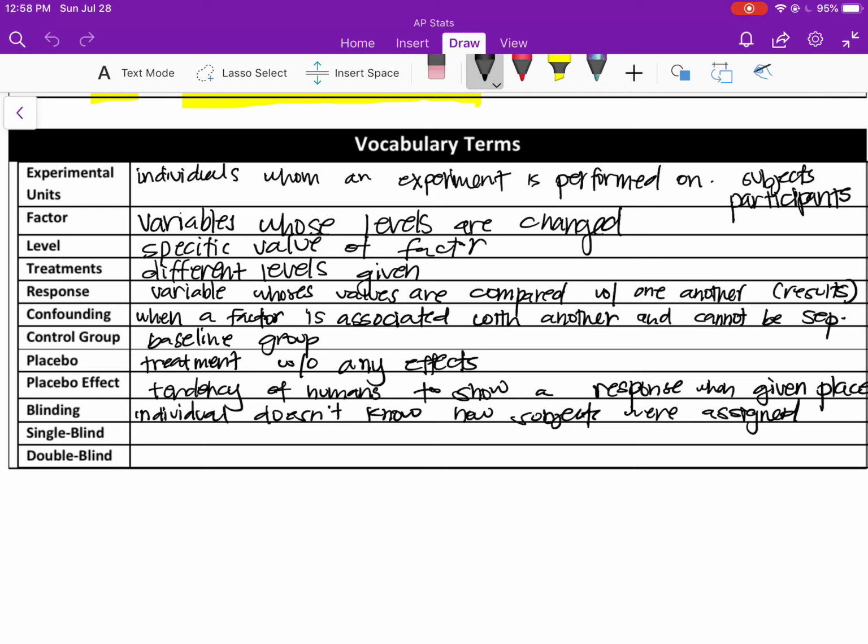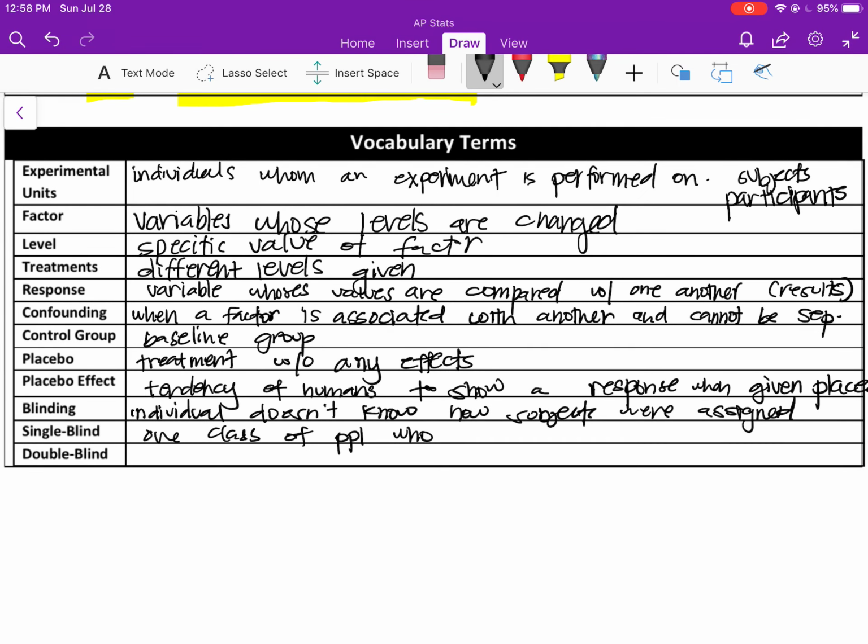Single blind means it's the same thing, so it's one class of people who doesn't know. And double blind is that both classes don't know.